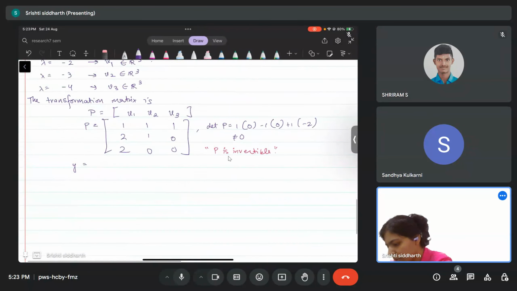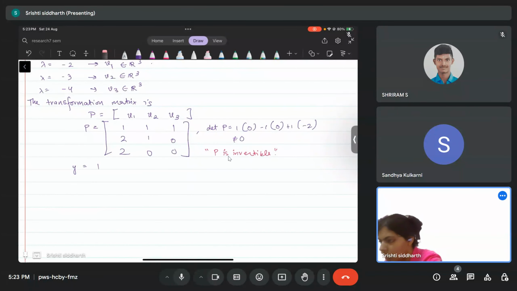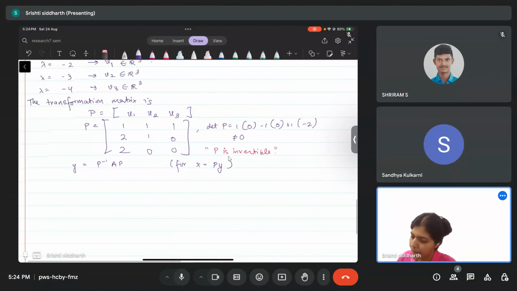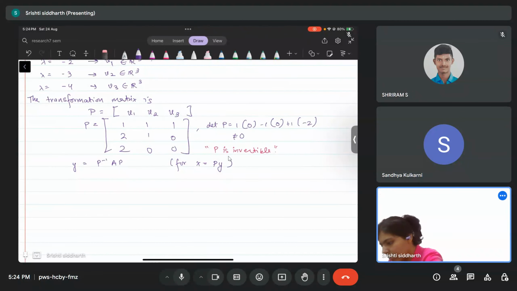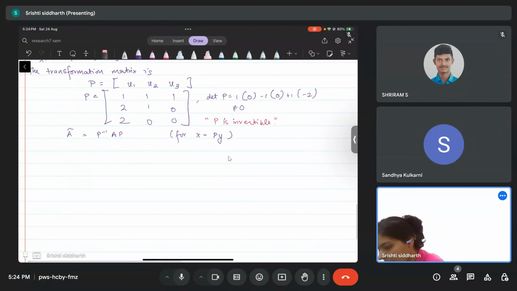So for x equals Py, I think it's going to be P inverse A. So let's say this is the new A matrix. So let's denote this by A. Okay, so this is a 3 by 3 matrix.